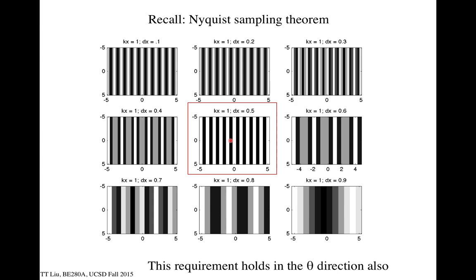So the way to think about convolution back projection is that we need to sample at the Nyquist criterion in the theta direction as well. If I have a picture and I look along an arc in the theta direction, and I have a spatial frequency along that arc, I need to sample at a high enough spatial frequency to rebuild that signal, right? And as you can imagine, as we get farther and farther out, the structure of the polar sampling is that the samples get farther and farther apart, right?